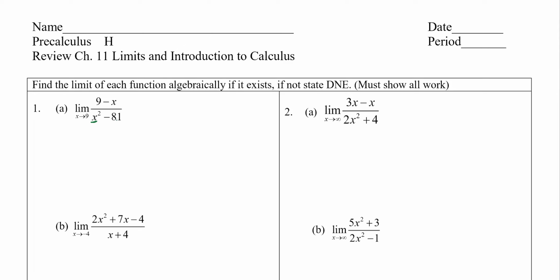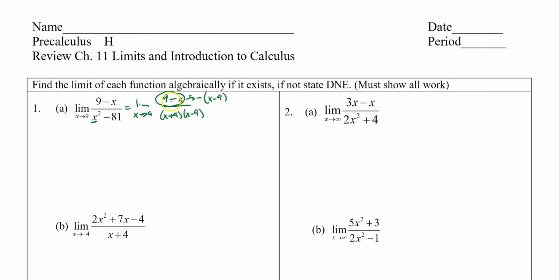So I can't use direct substitution, so we need to use some other method, and we're going to start by factoring. So if I factor this, I get the limit as x approaches 9 of 9 minus x over x plus 9 times x minus 9. And now if I do a little bit of manipulation on the top, that top turns into negative x minus 9.